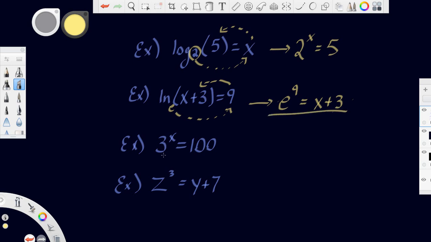This is already an exponent, so we want to rewrite it as a log, so it's going to be log base 3 of 100 equals x.